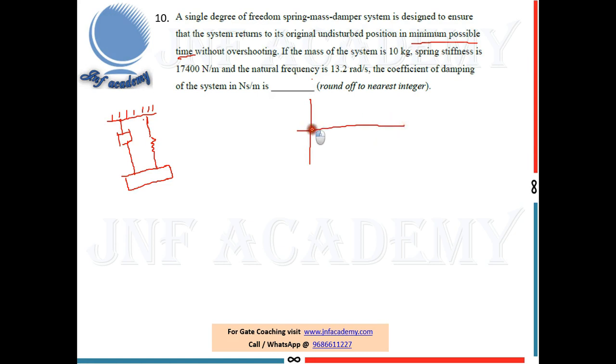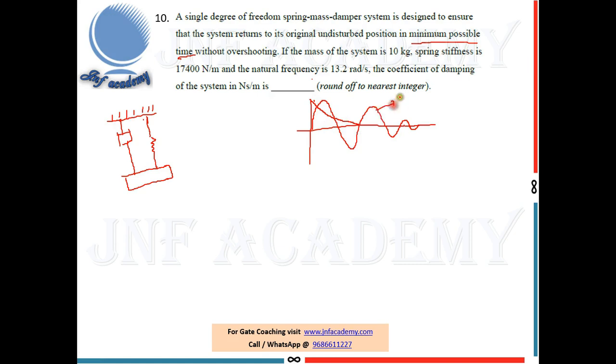For under damped condition, after following certain cycles, it will come to rest. Okay. So for critical damped system, it will come to rest within one shot, with short duration like this.